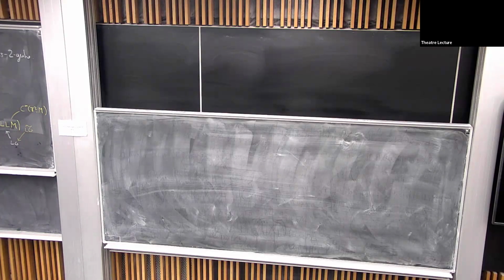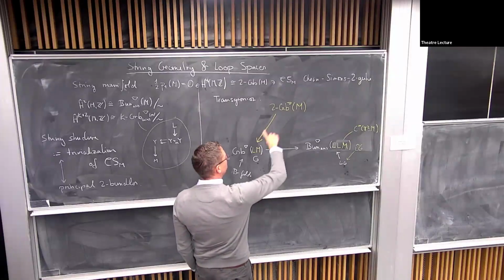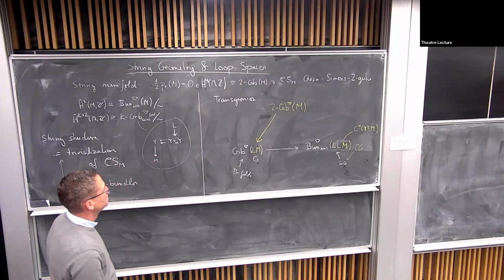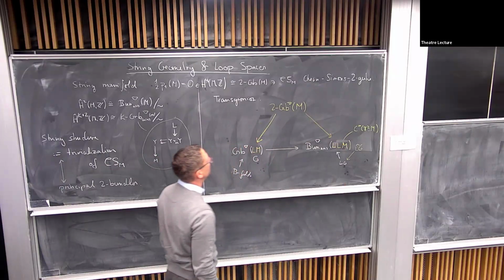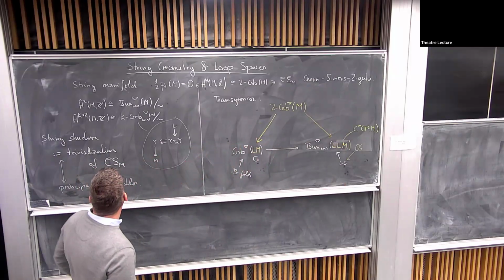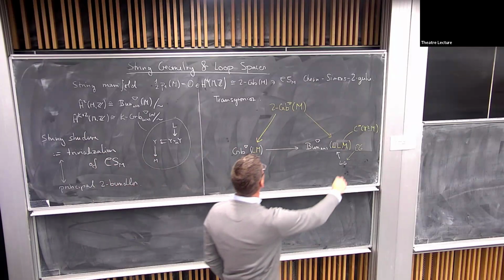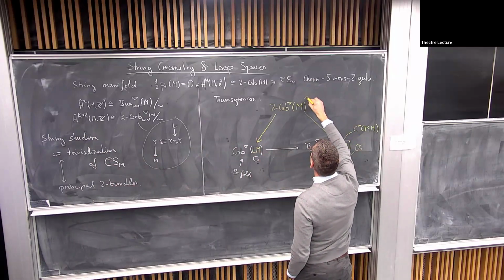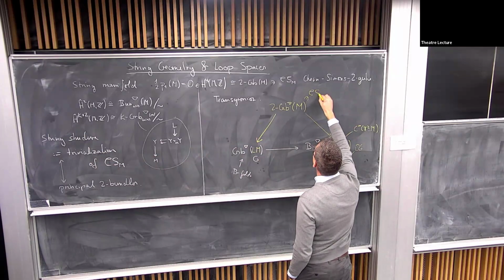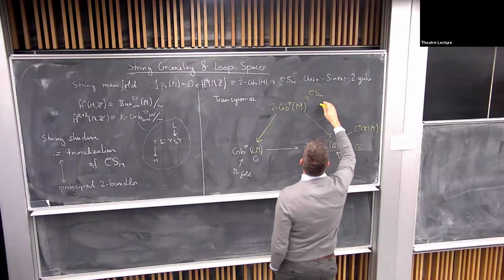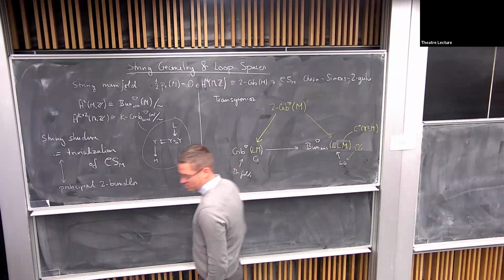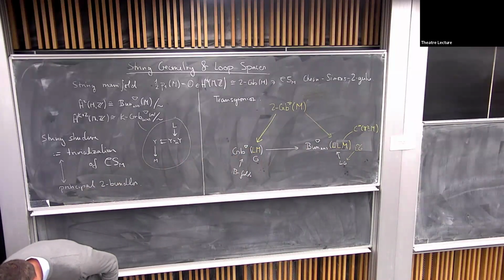All right. So transgression also has this arrow here, by general nonsense, and by composition we get this diagram. And this structure fits here in the following way. Here is this Chern-Simons 2-gerb. It does have a connection, by the way, so that is useful. Let me first comment on the cohomological point of view.